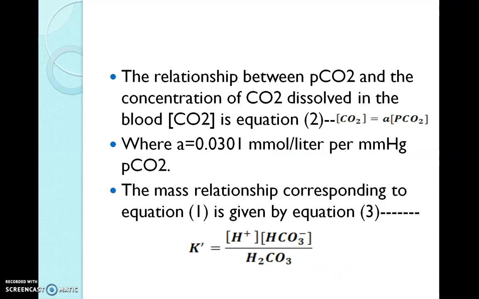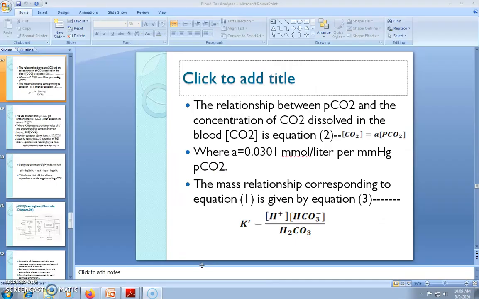The relationship between PCO2 and the concentration of CO2 dissolved in the blood, that is nothing but CO2, is given by CO2 equals A times PCO2, where the value of A is 0.0301 millimoles per liter per mmHg of PCO2.